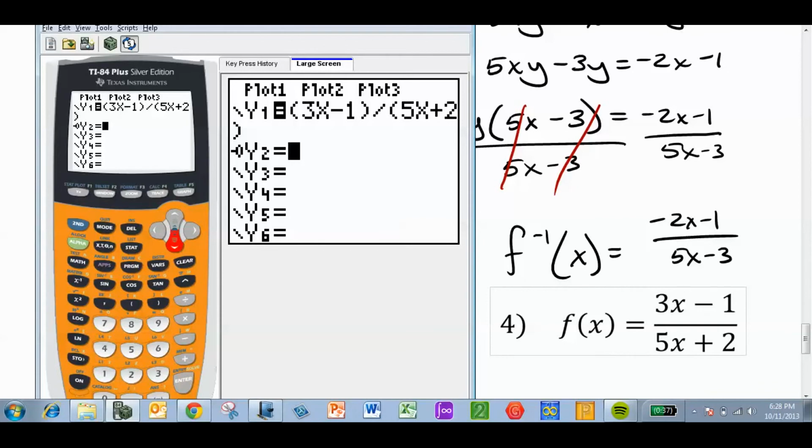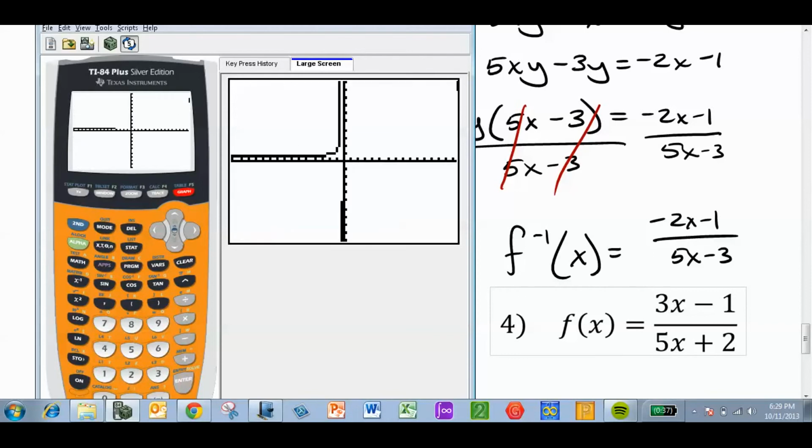And let's do, oops, forgot my parenthesis. Quantity negative 2x minus 1 divided by quantity 5x minus 3. So when I graph these, I should see that they are symmetrical across the line y equals x.